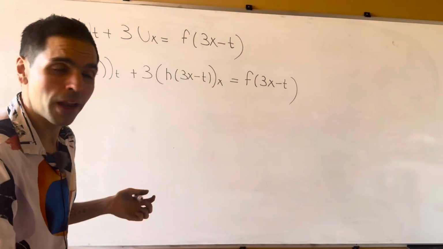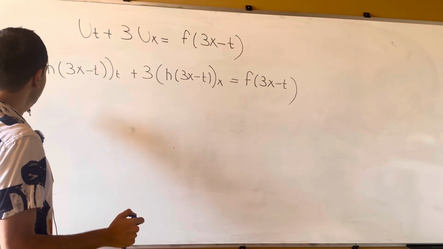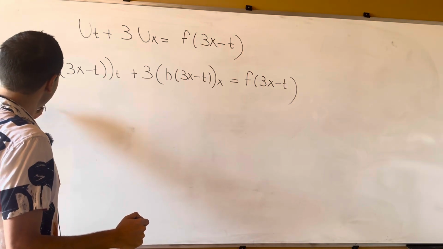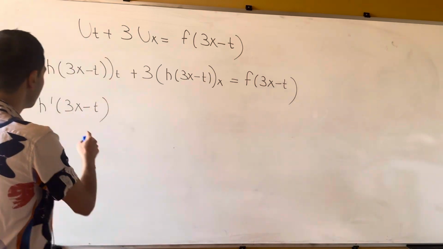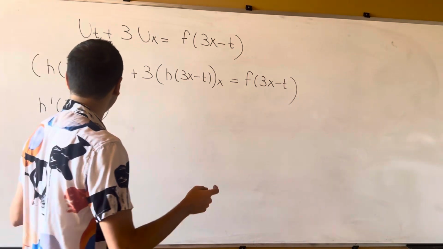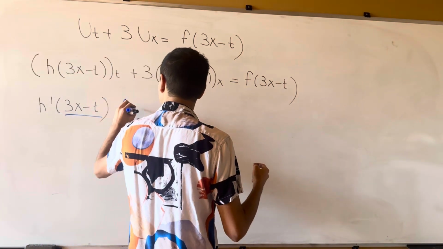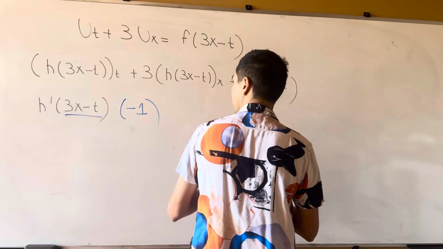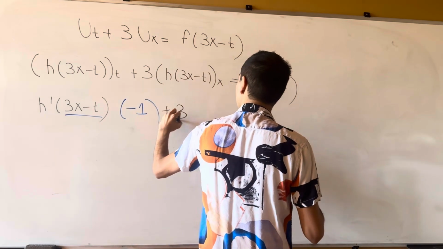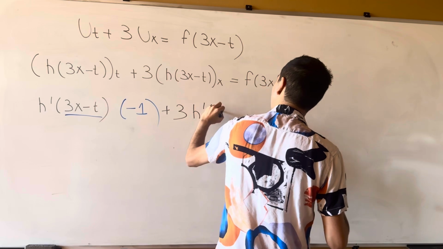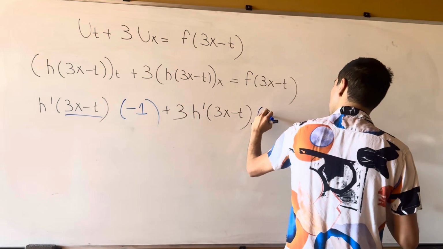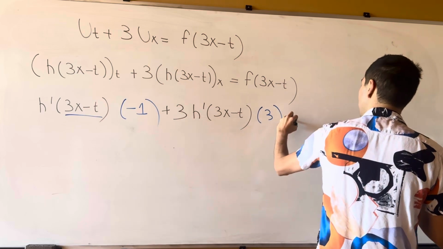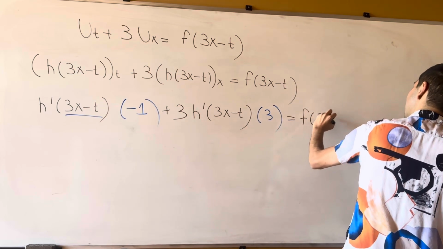And let's apply the chain rule here. So this is h'(3x − t) times the derivative of 3x − t with respect to t, so minus 1, and then plus same spiel, h'(3x − t) times 3, and that is f(3x − t).